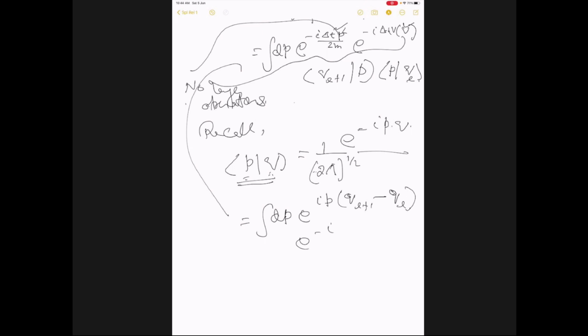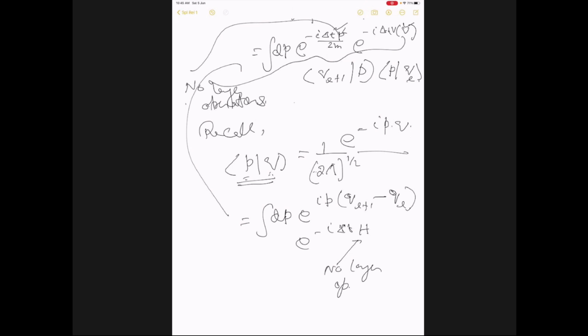Or e to the power minus i delta t H. It is there in any case, but now no longer operators. This is no longer an operator, because this H is nothing but p squared by twice m. So what I have done, I have written this quantity PQL and QLP.